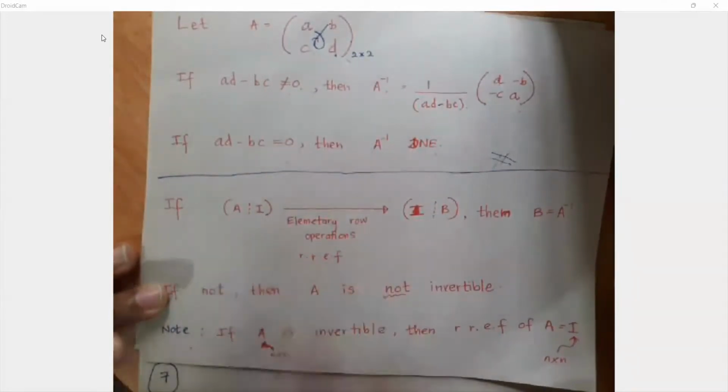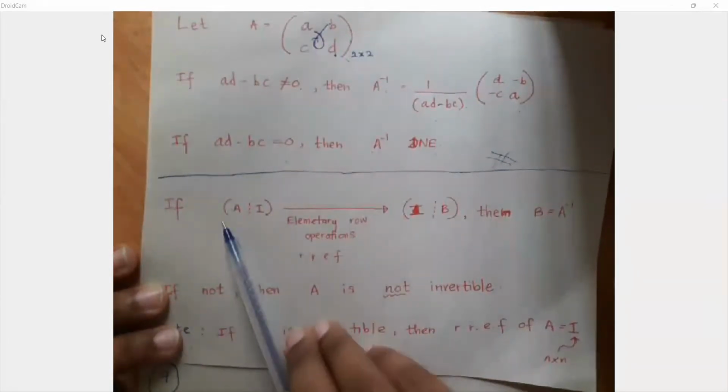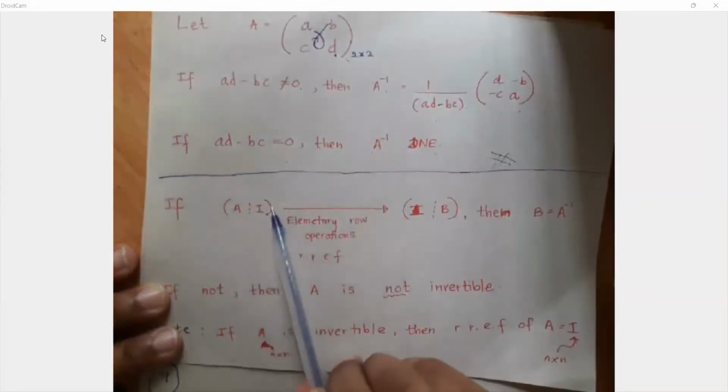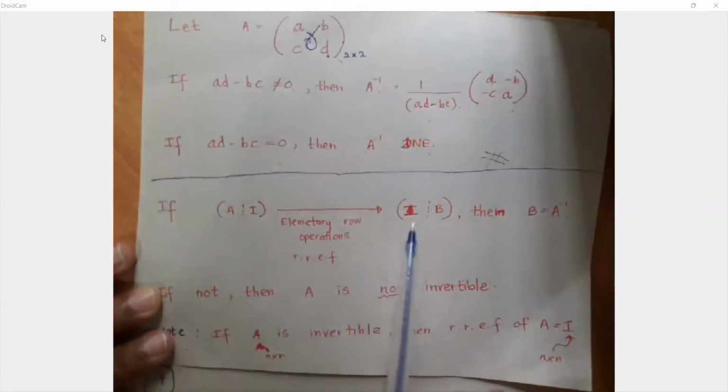If this is our matrix here, and this is our identity matrix, this will be an augmented matrix. You know that. This is A and this is I. Now, by using elementary row operations, we can reduce this system into the reduced row echelon form.